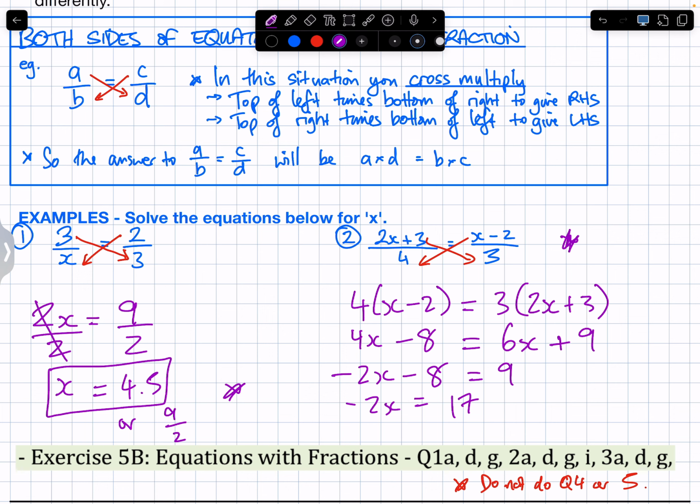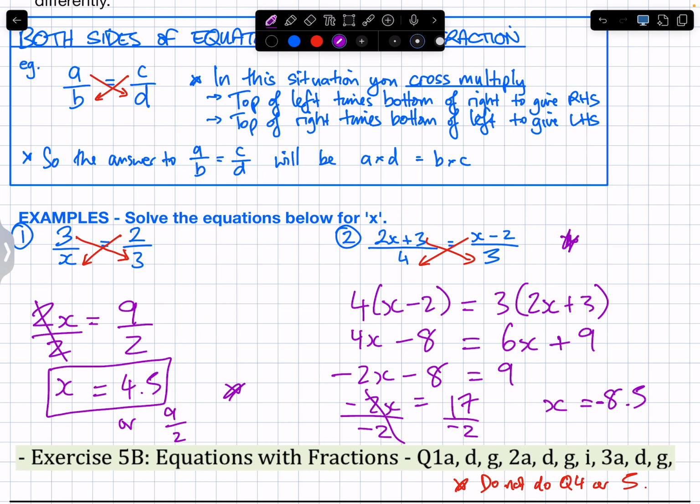Times. What's the opposite of timesing by negative 2? Divide both sides by negative 2. That's going to cancel. X is going to be, positive divided by a negative is going to be a negative answer. Negative 8.5, because half of 17 is 8.5.